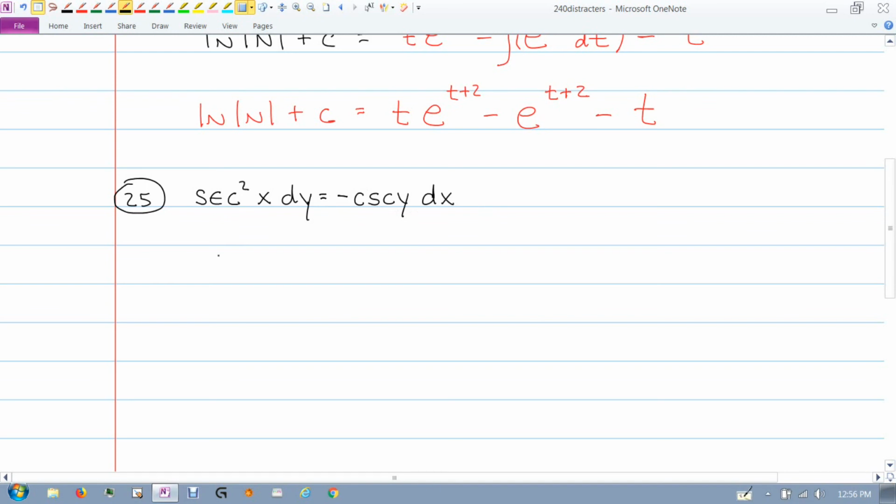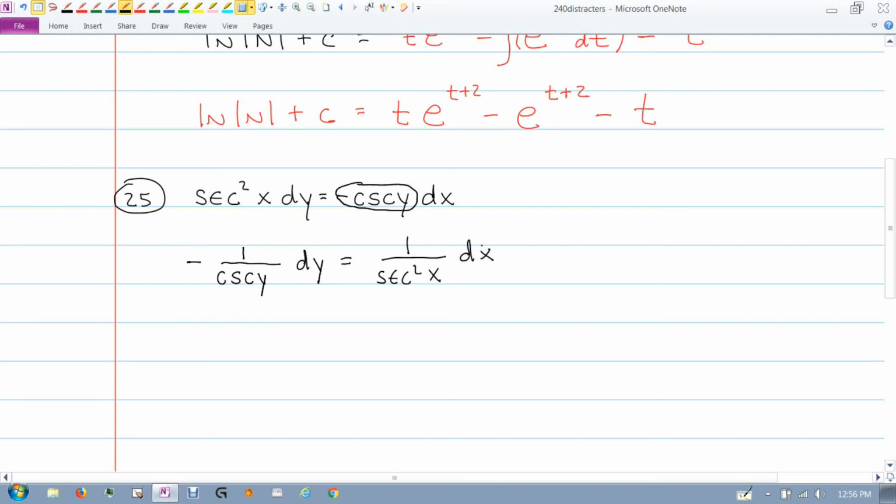There we go. And then divide through by cosecant y and divide both sides by secant squared x. So I'm going to bring the negative: negative 1 over cosecant y dy, and then divide both sides by secant squared. So 1 over secant squared x dx.